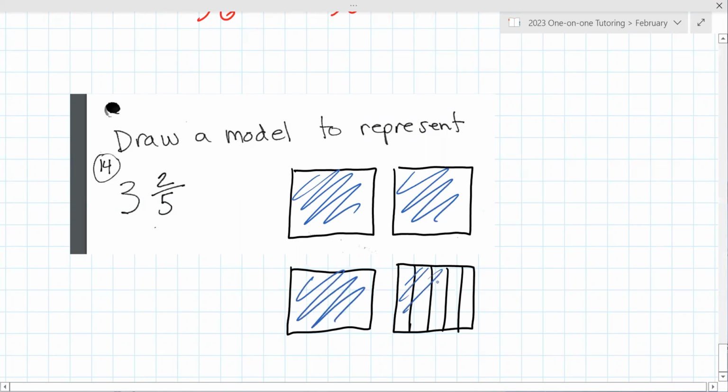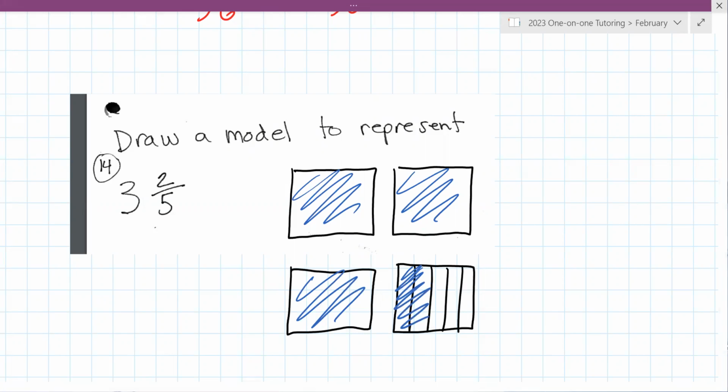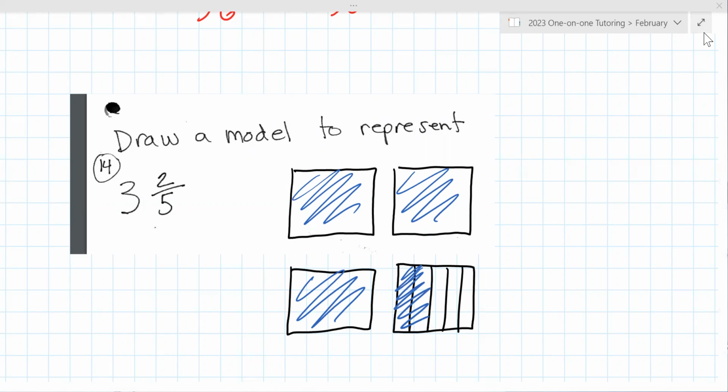Then I filled in 3 of them all the way. That's right. And in the last one I just filled in 2 of the sections. That's correct.